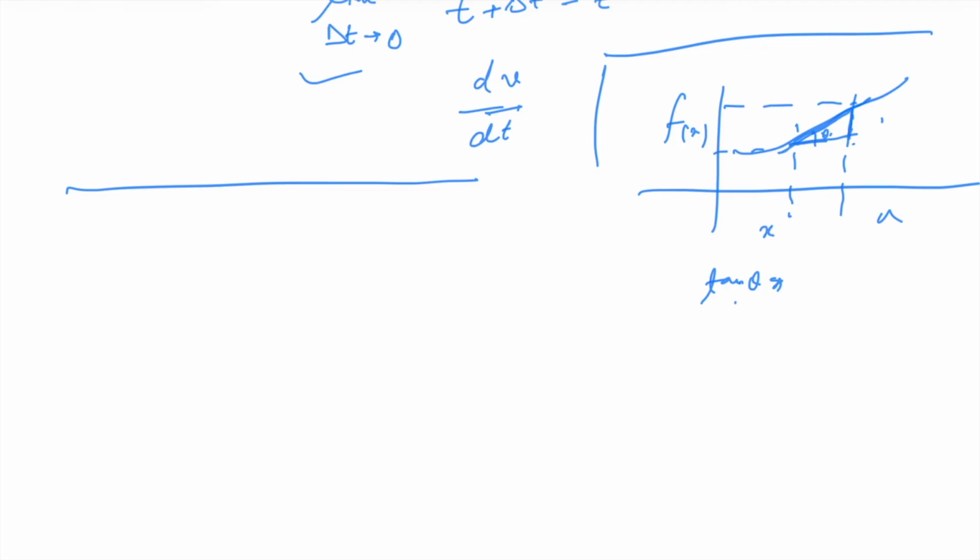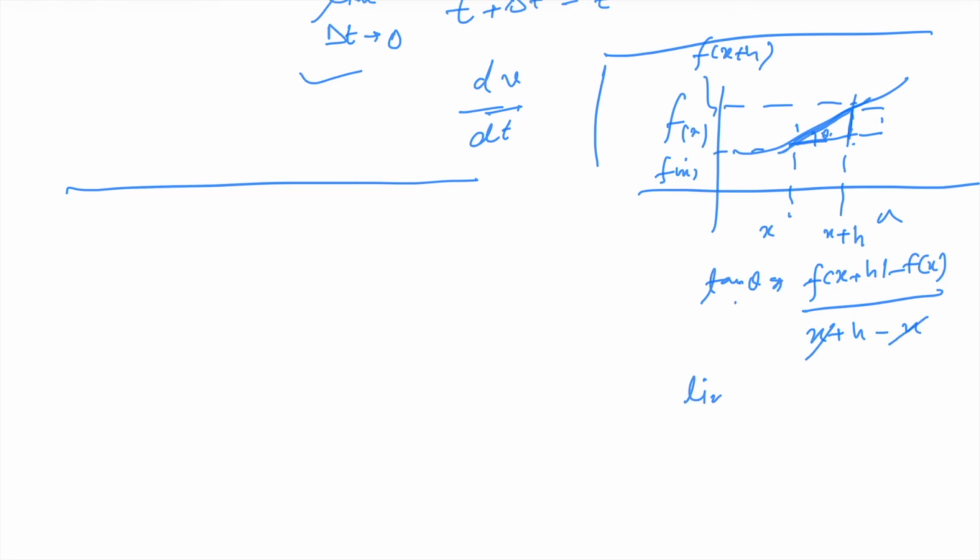So let's say this is x, this is x plus h, this would become f(x), this would become f(x plus h). So this distance would be f(x plus h) minus f(x), upon x plus h minus x, where x cancels out, and h tends to 0. So this becomes the fundamental, or the first principle of derivation.